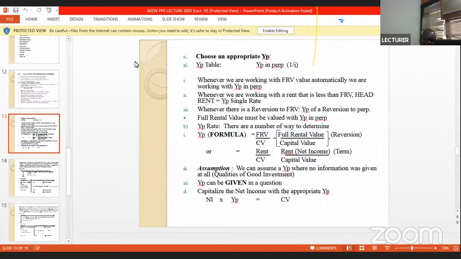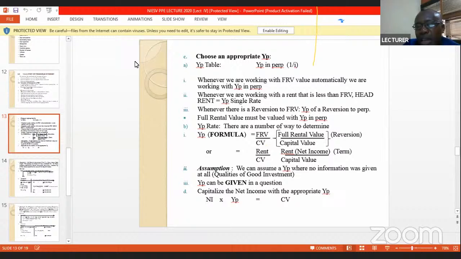The next one, ease of investing money and withdrawing money. How easy is it to invest and to withdraw money?